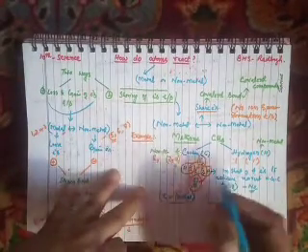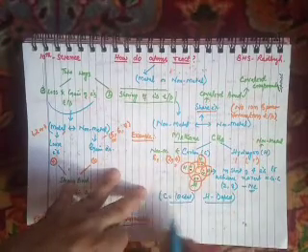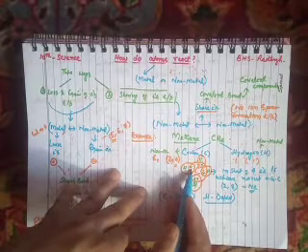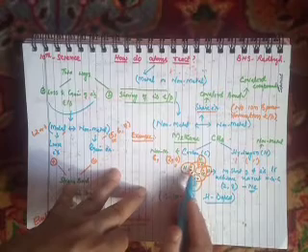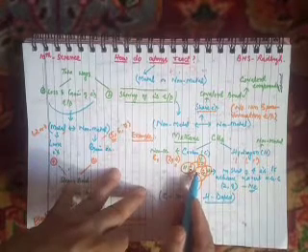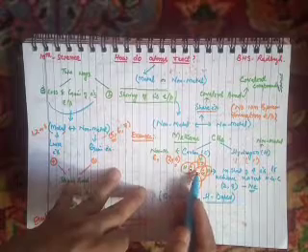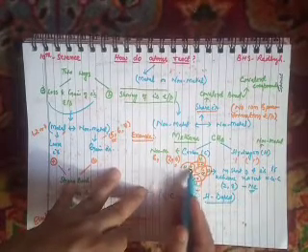So only what happens, the electrons are being shared between the atoms. This hydrogen provides 1 electron, carbon provides 1 electron. These 2 electrons remain in between the carbon and hydrogen atoms, and these two electrons hold the carbon and hydrogen atoms together with a covalent bond.